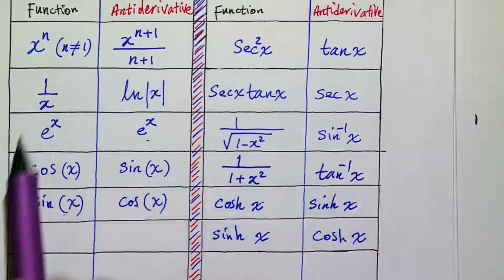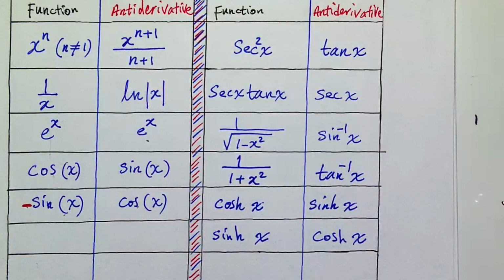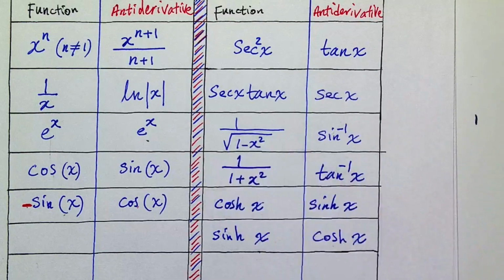On this side, by the way, this table is not by any means inclusive of all the derivatives and antiderivatives we have. Your book, I believe the inside cover of your textbook, does have a very good list of all of the functions and their antiderivatives.